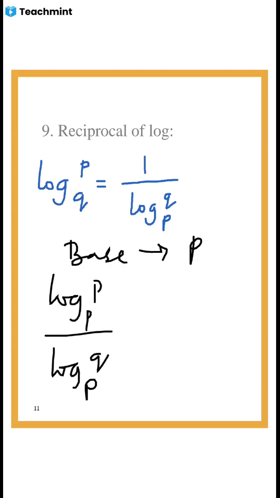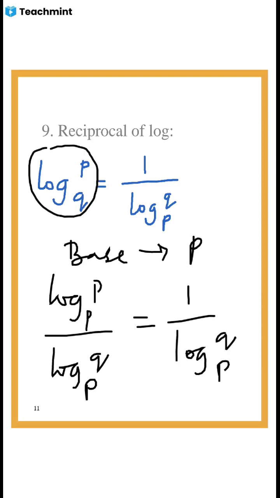You can see log p base p, when the logarithm of the number I want to find is equal to the base, that's 1 over log q base p. So this shows that this one and this one are reciprocals.